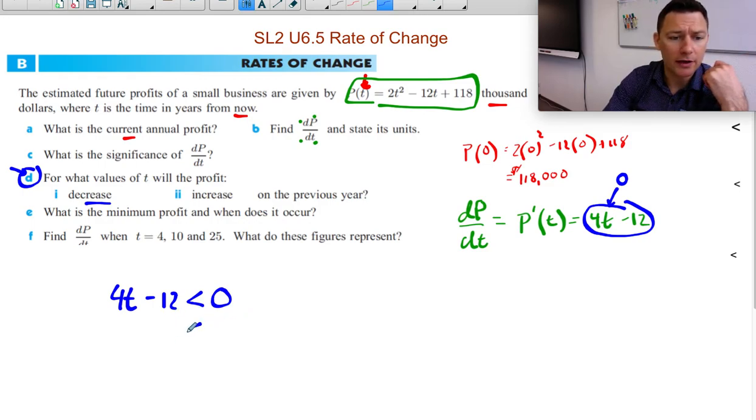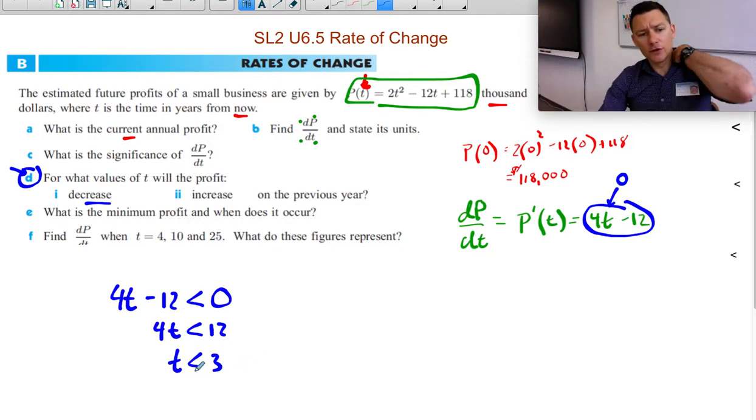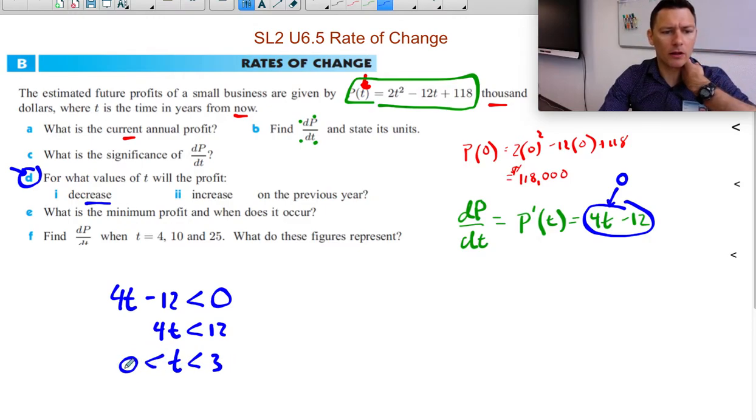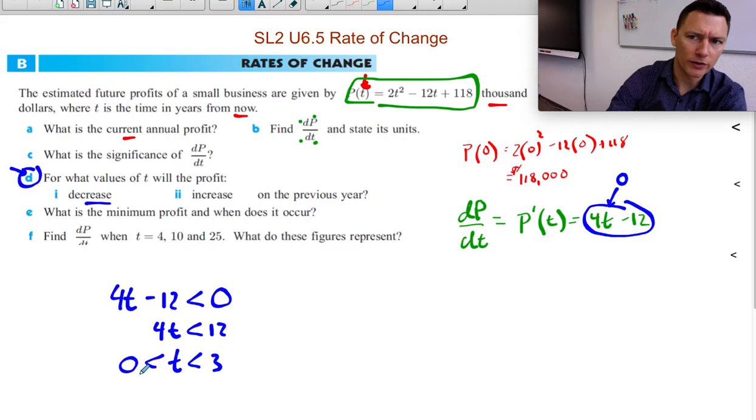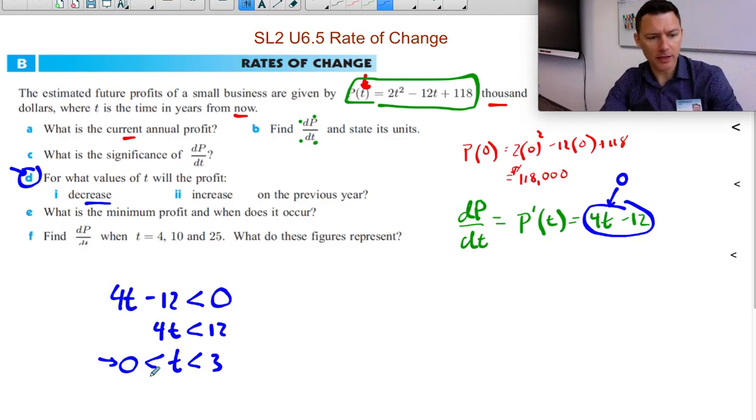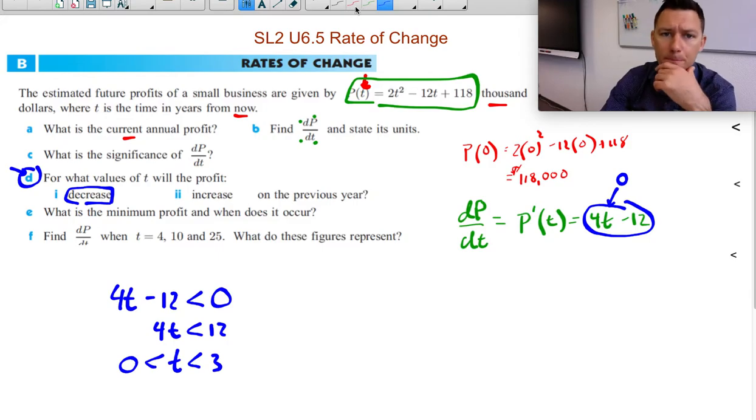And so you could add 12 to both sides, divide by 4, and you get t is less than 3. So up to 3 years, then maybe you'd say this as well, because we started the company at 0 years, maybe. So I bet they'd leave it like this. So between 0 and 3 years, your profit is going to decrease, right?